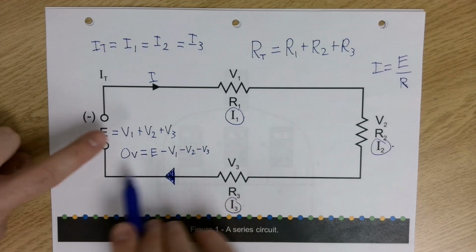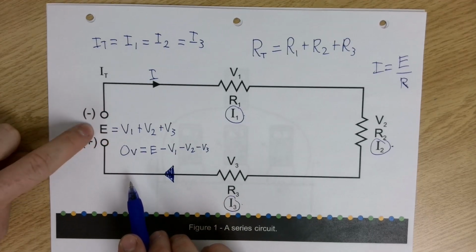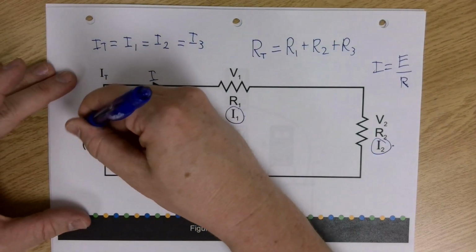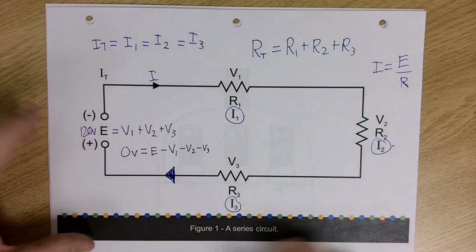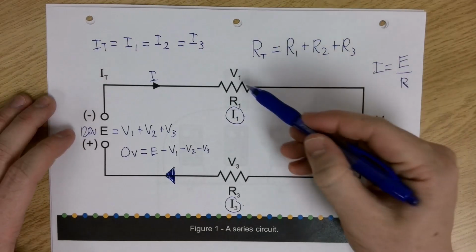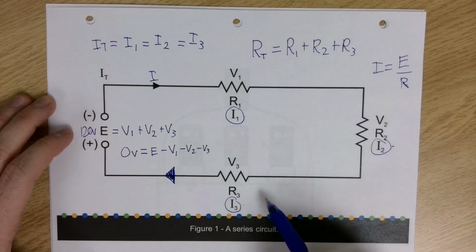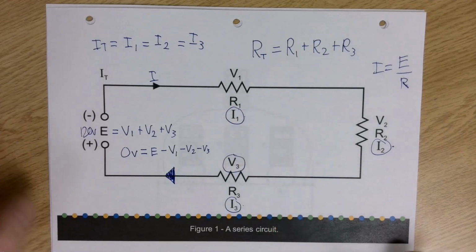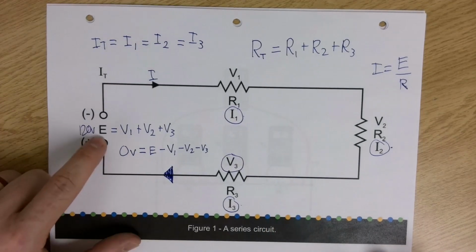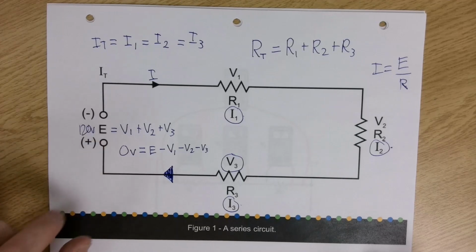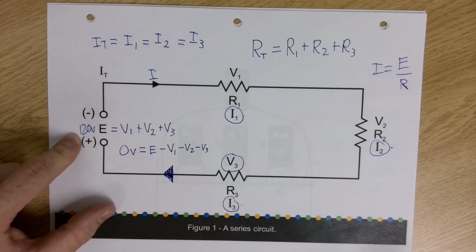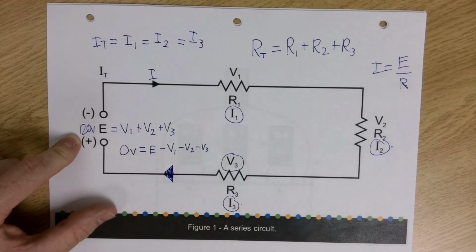Nothing happens in this circuit until we apply a voltage, and that is the rise in voltage. If we added 120 volts into this circuit, and the voltage drops off at each resistor, the only rise in the circuit is E, where we added in a source of electrical energy. Now we have a voltage rise, which is 120 volts in this situation.